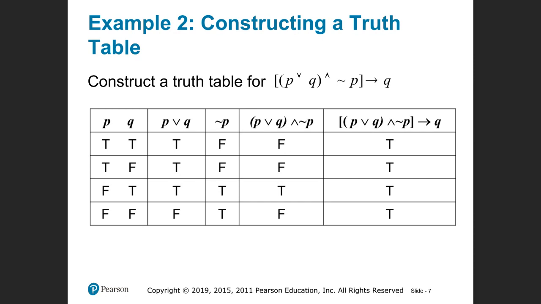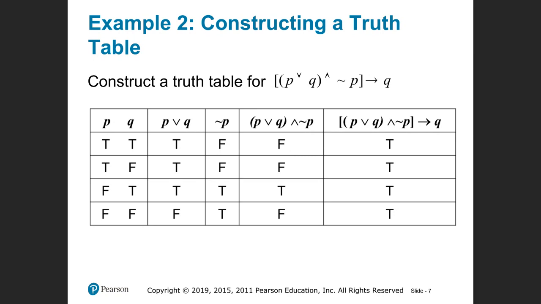Now we're ready to combine this with if this, then Q. Okay? So remember that the conditional is false only when the antecedent is true and the consequent is false.